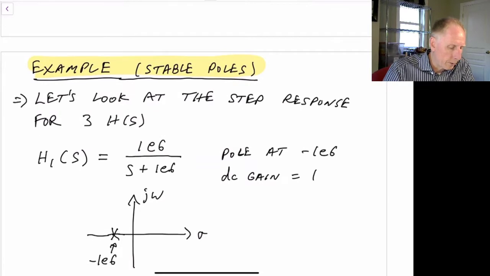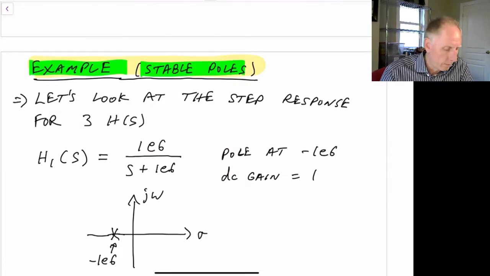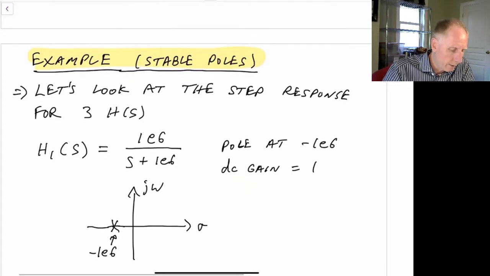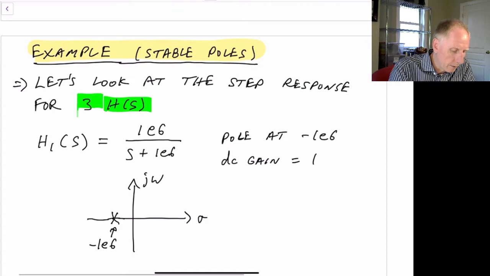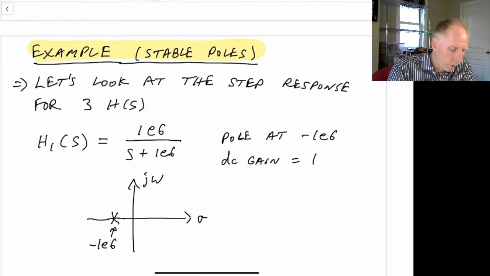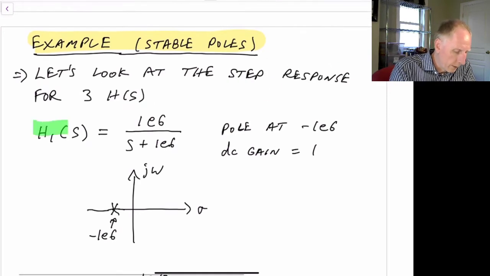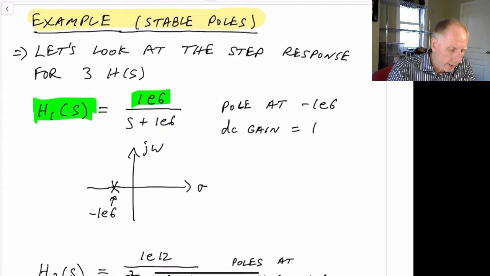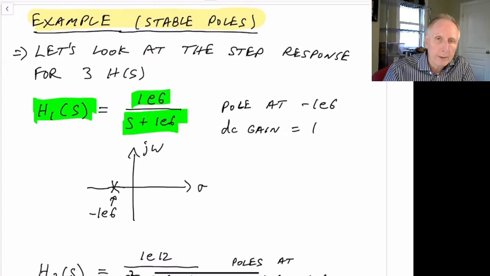Let's look at some examples here. So here's an example of some stable poles. We're going to look at three H of s's, and we'll look at the step response for all three of them. The first one is H sub 1 of s, and that's 1e6 divided by s plus 1e6.